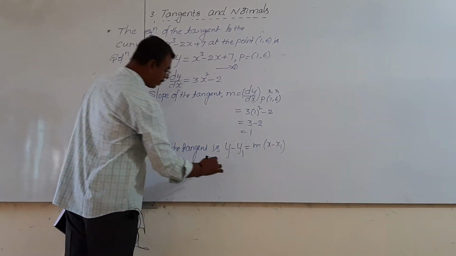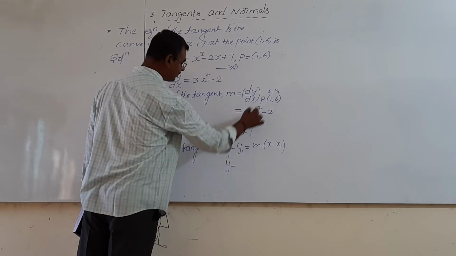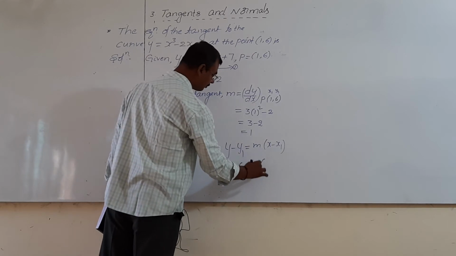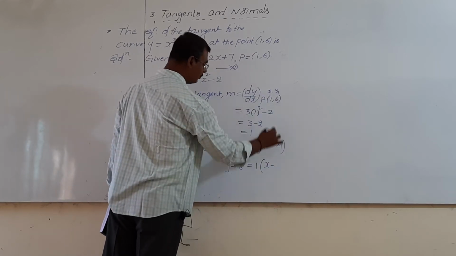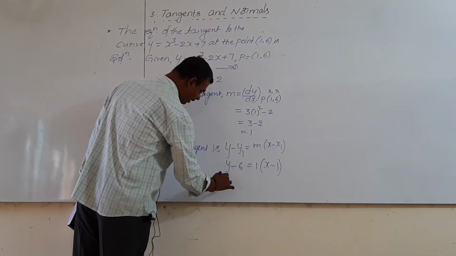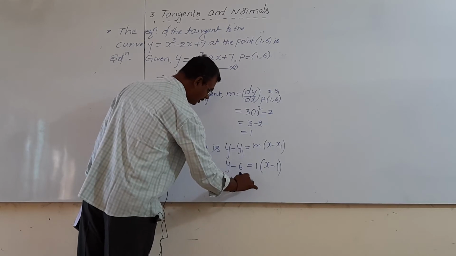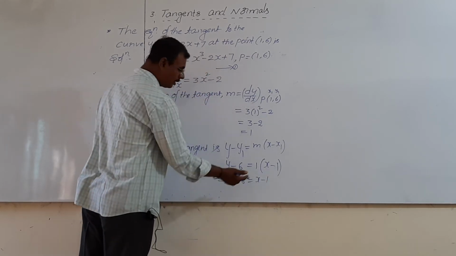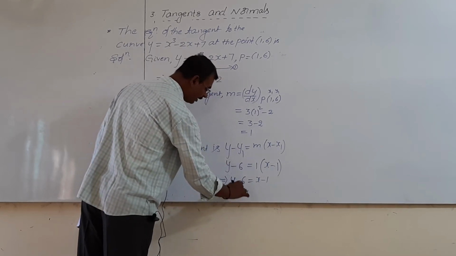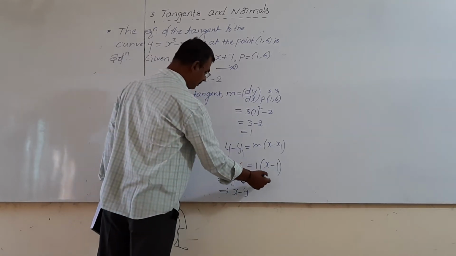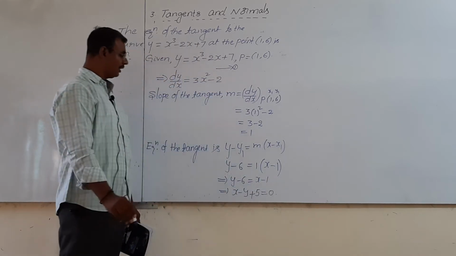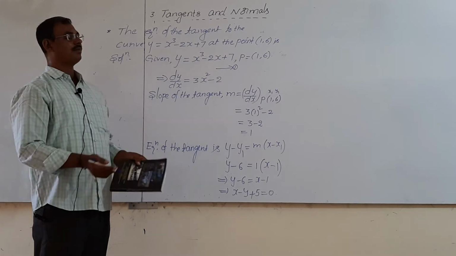Substitute the points: y minus 6 is equal to, we got slope 1, x minus 1. Simplify: y minus 6 is equal to x minus 1. Taking all terms to one side, x minus y minus 6 plus 6 minus 1, plus 5, is equal to 0. It is called the required equation of the tangent line.